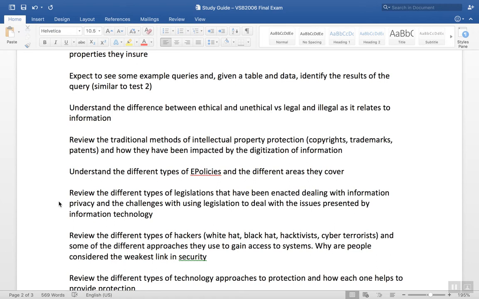Ideally, you'd like to have a legislative entity in play that can regulate things in a legal fashion. The problem is that technology moves faster than the ability to write laws that match up with it. So the different rates are a challenge, and something that has to be looked at and addressed.